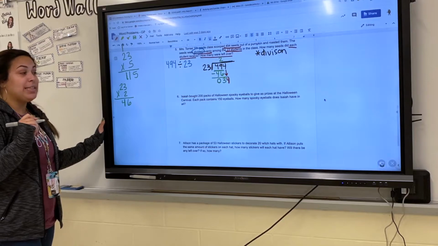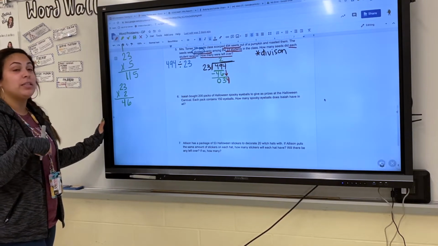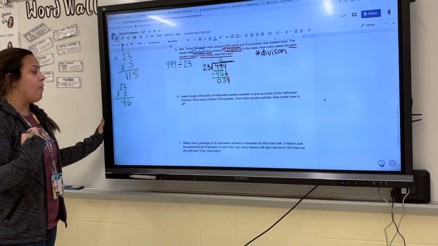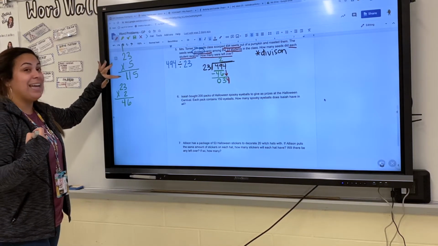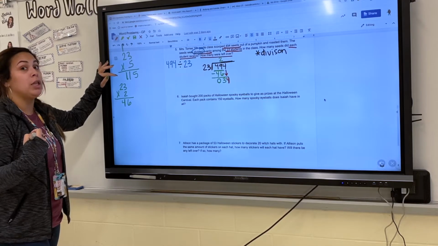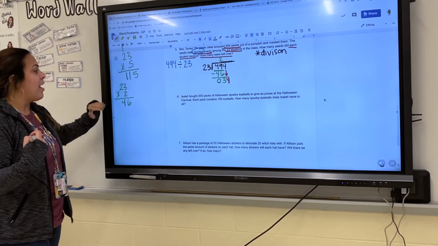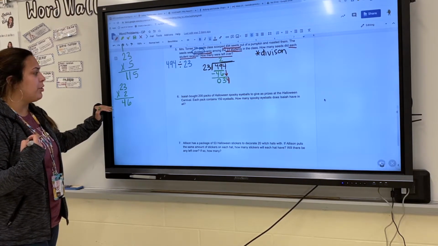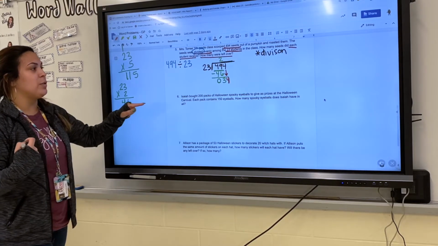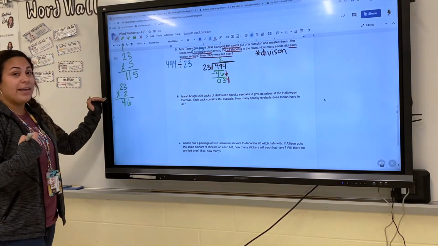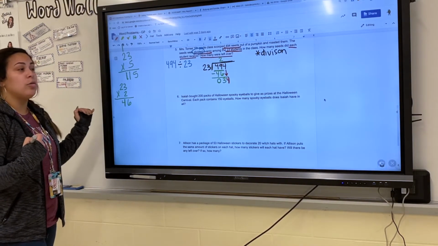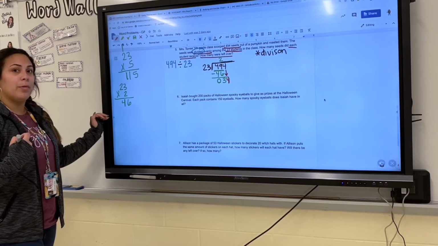Now I need to see how many times 23 can go into 34 evenly. Well, over here, I already multiplied by 5, and that gave me 115, which is a lot higher than 34. And over here, I also multiplied by 2, but that gave me 46, which is also higher than 34. So if it's not 2 and we need to go lower, what's going to be the number we're going to use?